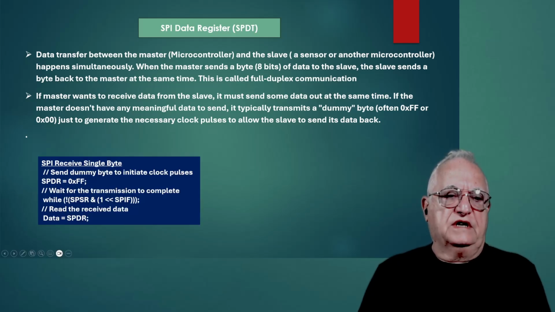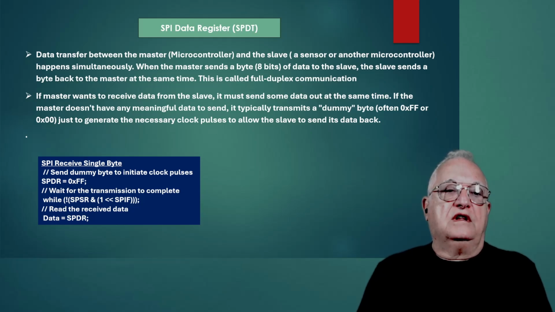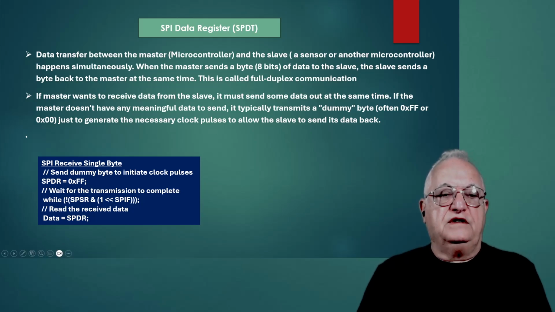So let's look at an example. Let's suppose the SPI receives a single byte. You are looking for temperature, so the slave is going to send you a temperature. So what do you need to do for this to happen? First you have to send the dummy byte to initialize the clock, to start the clock pulse.